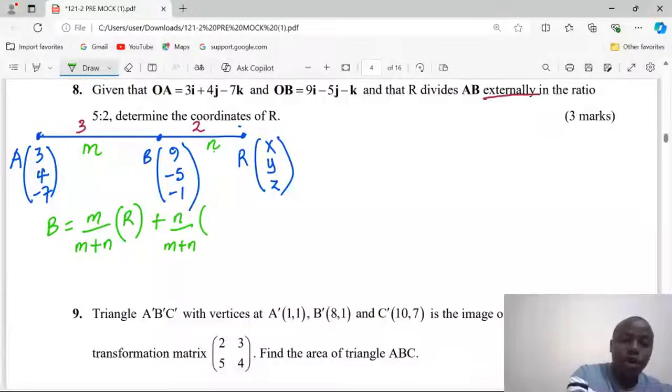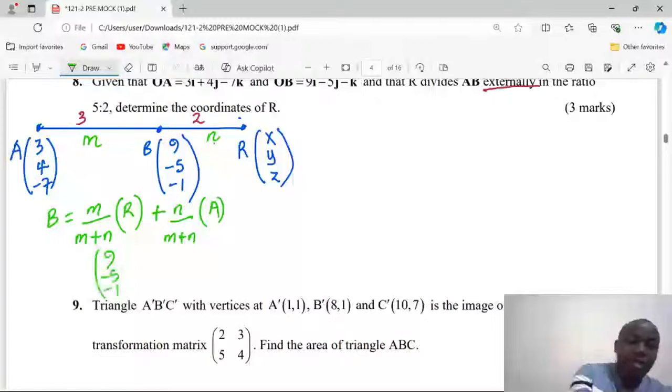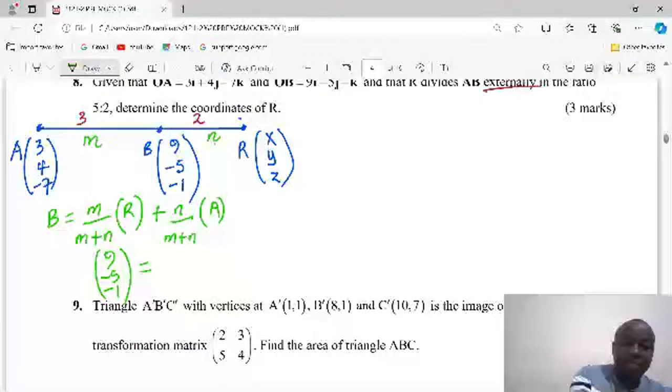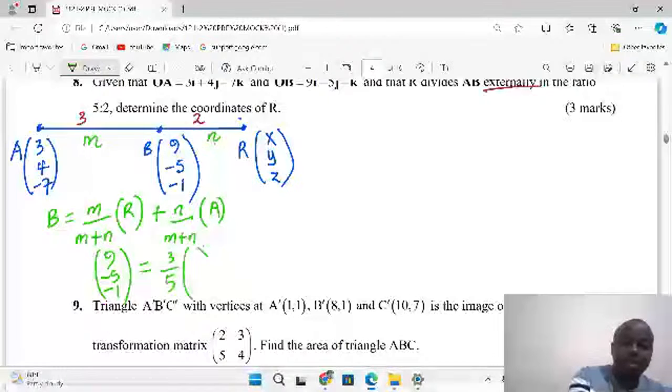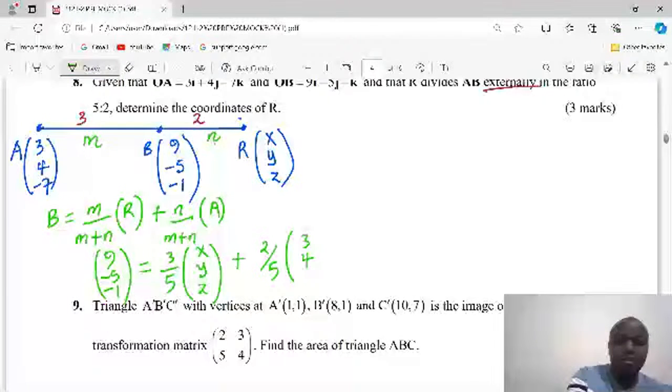Because we have picked n, the opposite vector, which is vector a. So we can express the same and say 9, negative 5, negative 1 equals, out of the total proportions, which are 5, we multiply by the unknown vector xyz. Add ratio 2 out of the total proportions 5. We multiply this by coordinates of a, 3, 4, negative 7.